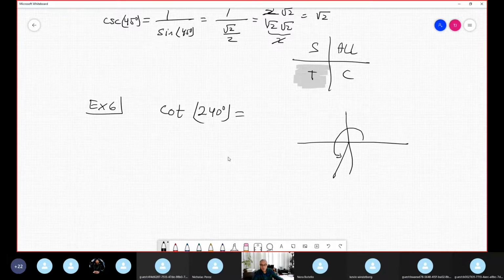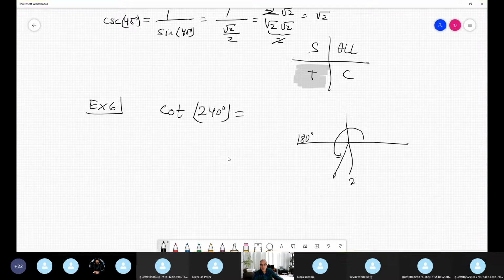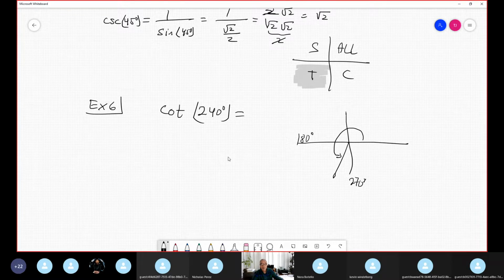Remember, any angle between 180 and 270 lies in the third quadrant. And this is my reference angle, alpha. And theta is 240. To find alpha, it is 240 minus 180, which is 60.